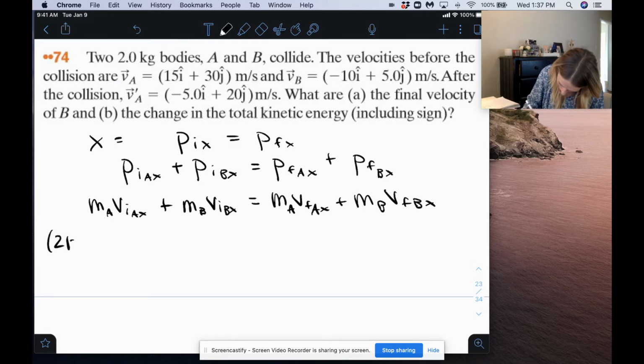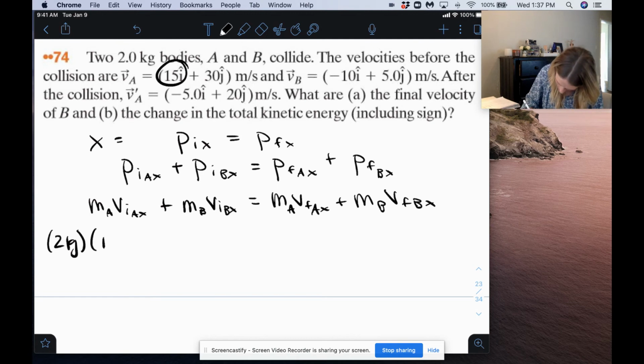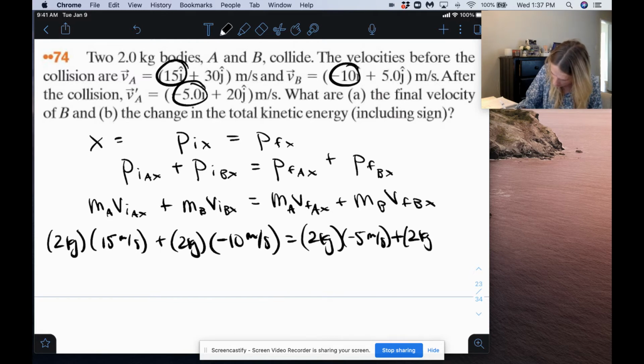So 2 kilograms times the initial velocity of A in the x direction, and that will be this 15 meters per second up there, plus mass of B, 2 kilograms, times the initial velocity of B in the x direction, which will be that negative 10 meters per second, equals mass of A, 2 kilograms, times final velocity of A in the x direction, which will be this negative 5 meters per second, plus mass of B, 2 kilograms, times final velocity of B in the x direction.